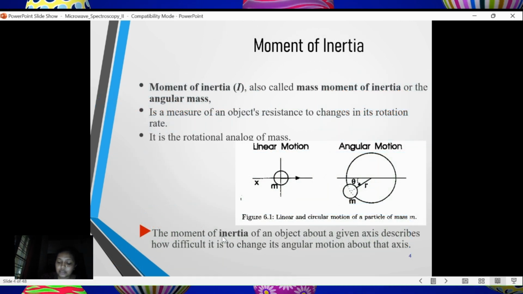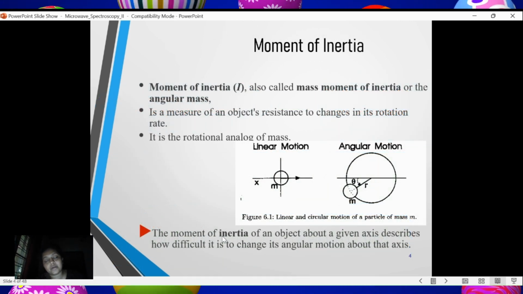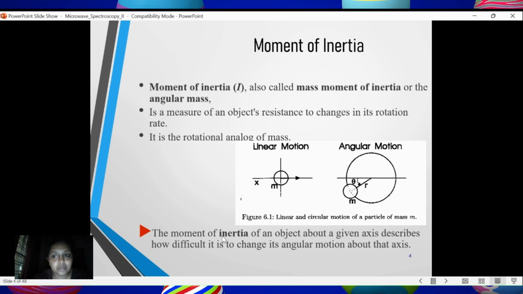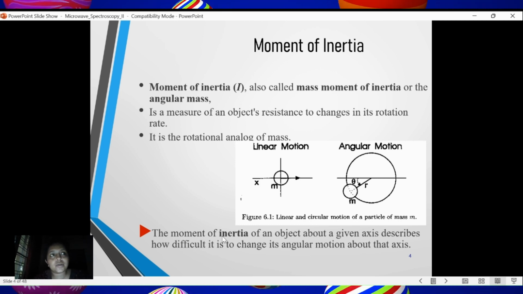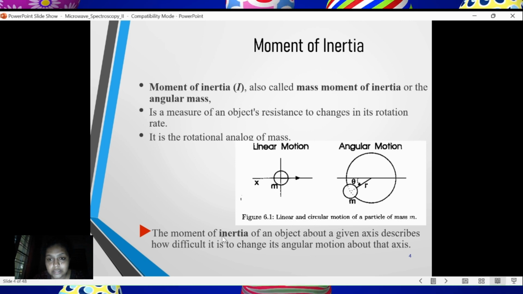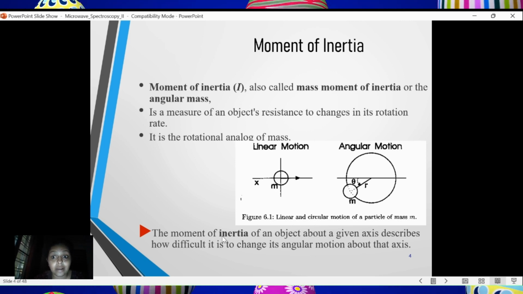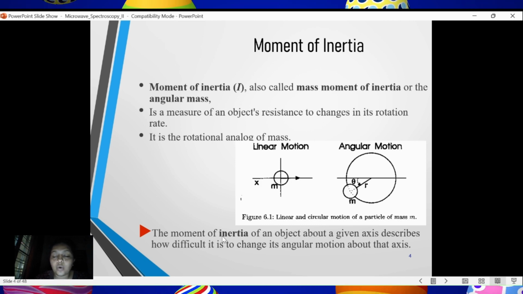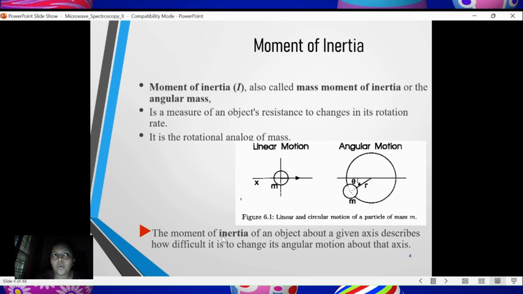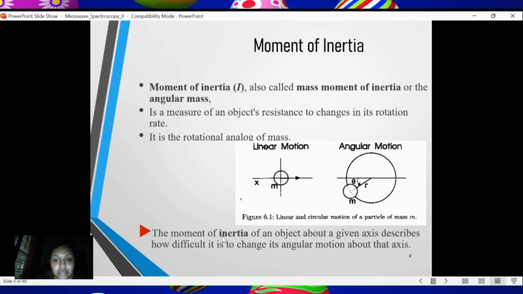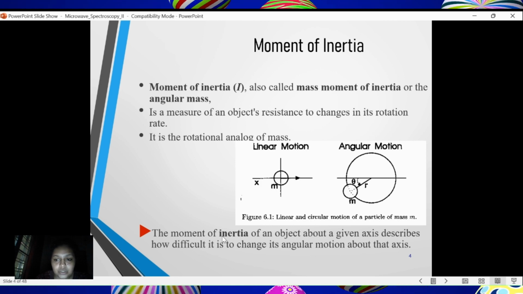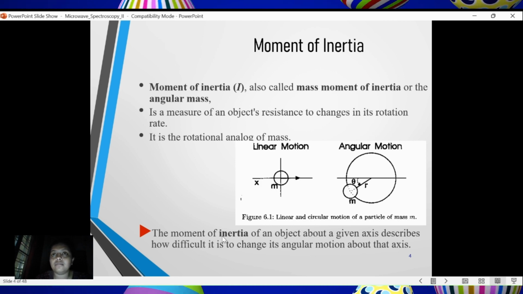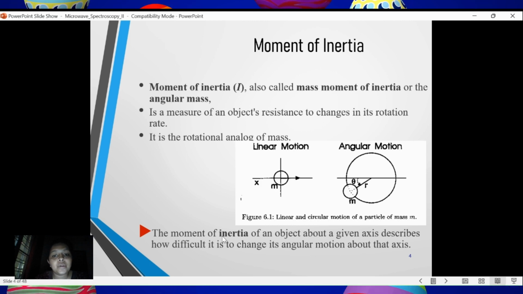Then, before coming to microwave spectroscopy, we should know what a moment of inertia is. Moment of inertia, which is represented as I, is also called mass moment of inertia or angular mass. It is actually the rotational analog of mass. What mass is in linear or translational motion, that is the inertia in rotational motion.